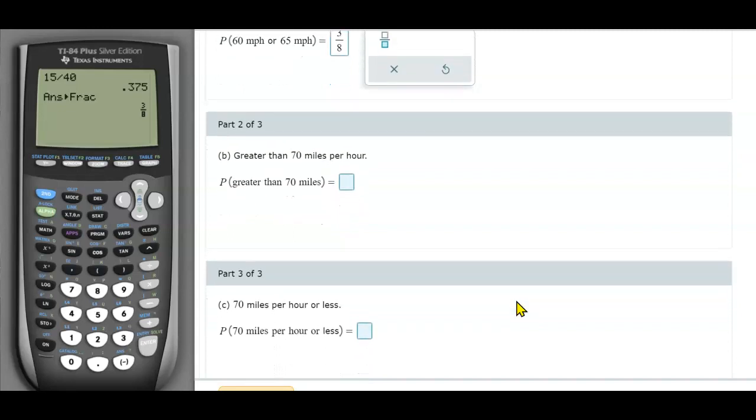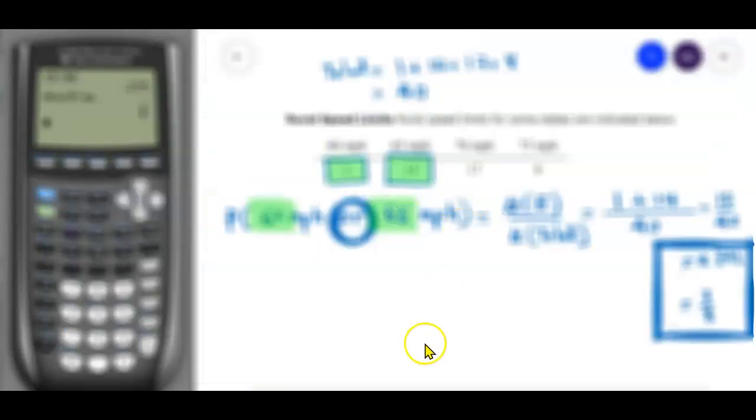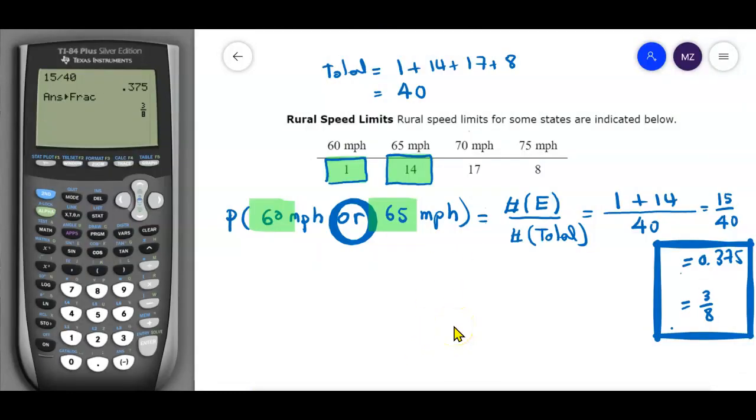So let's go to B, which is the probability of greater than 70. Let's go back to the table. Here is the probability of greater than 70 miles per hour.